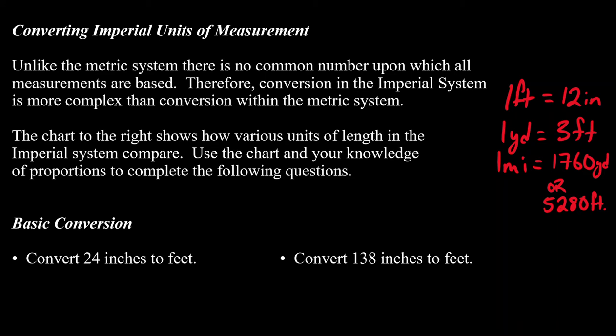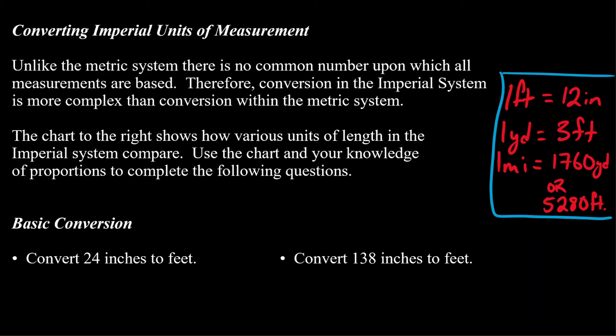Over here on the side, we have a handy conversion table, and that's going to be really important for us in a little bit. Let's try this out. The idea is that we're going to take these equalities, so 1 foot is equal to 12 inches, and rewrite it as a conversion factor.